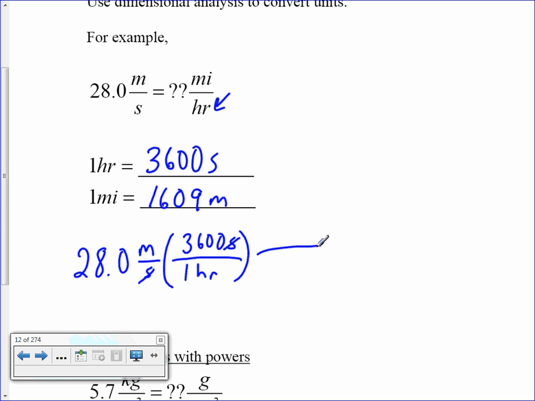Now, in a similar way, I'll have meters in the denominator. That's 1,609 meters per 1 mile. That cancels out my meters. So see this is dimensional analysis, just like we did with the equations earlier. And that gives me my value, 62.6 miles per hour.